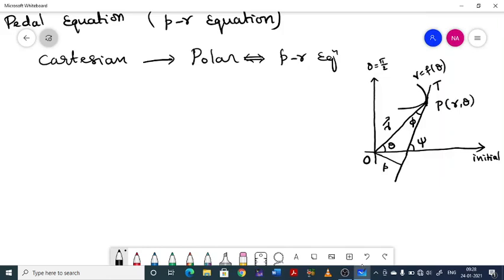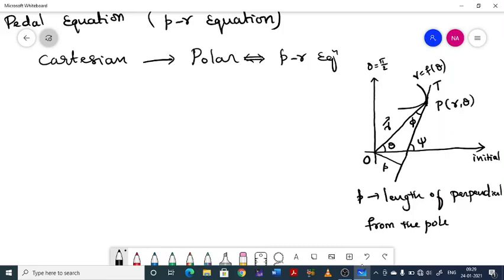Sometimes, instead of the parameter theta, we can represent the position of this point P using p and r. See, this is capital P and this is small p. Here p denotes the length of the perpendicular from the pole to the tangent line.